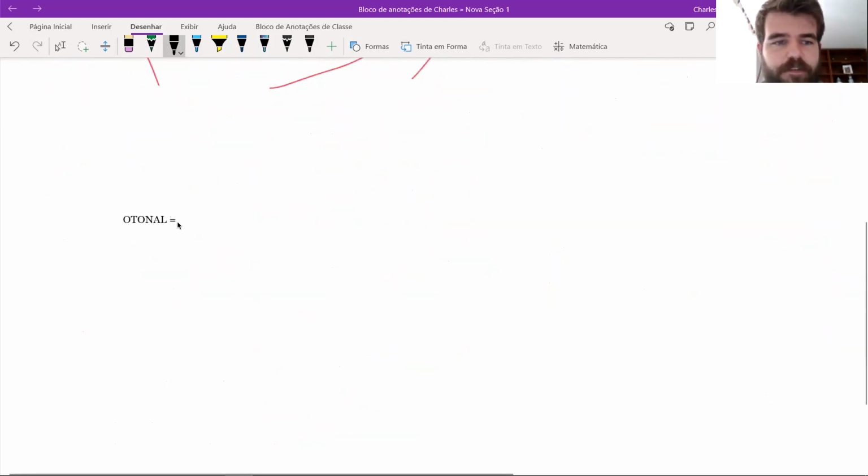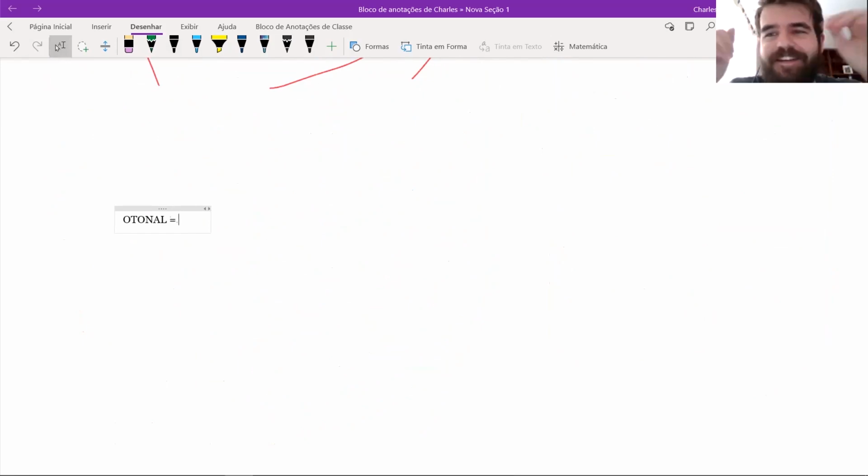What this means is that otonal chords are using the harmonic intervals of the harmonic series in an ascending way, and the utonal ones are working with a descending way.